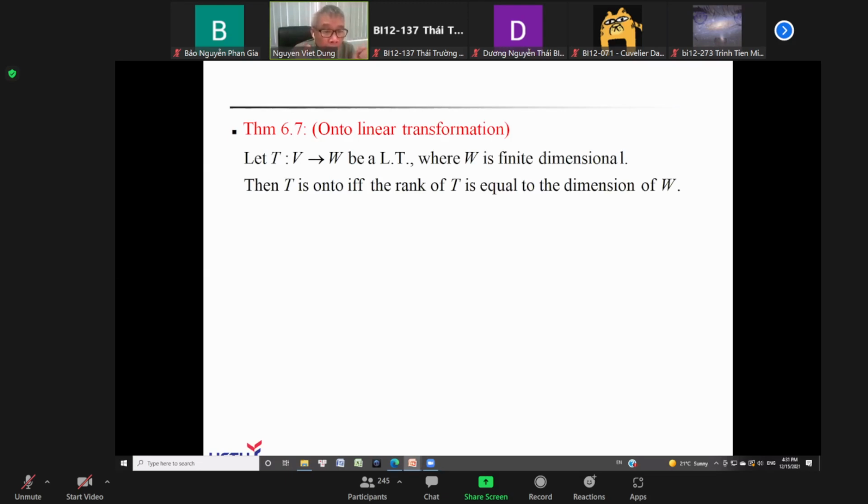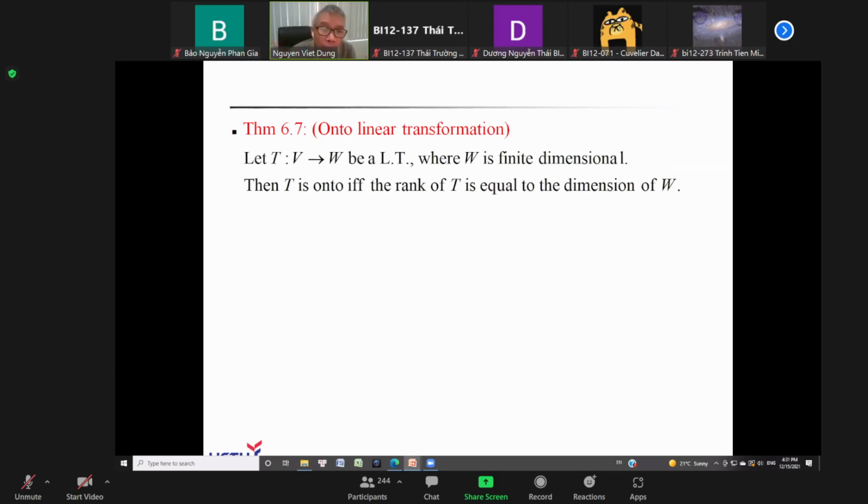Now in case T is a linear transformation and the codomain is a finite dimensional vector space, then T is onto if and only if the dimension of the range of T equals the dimension of the codomain.